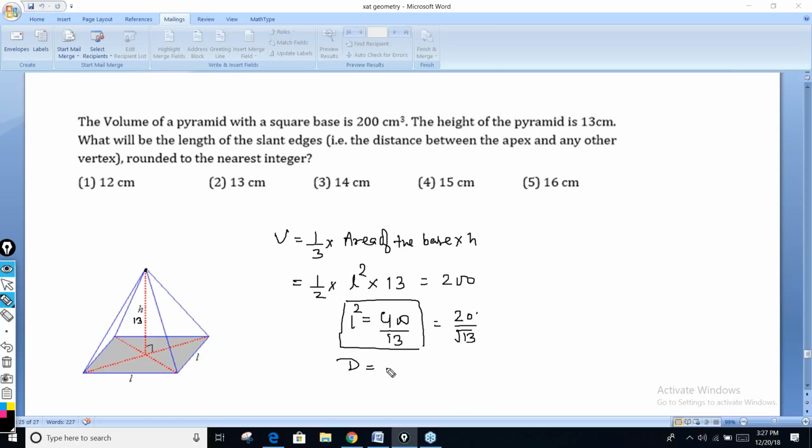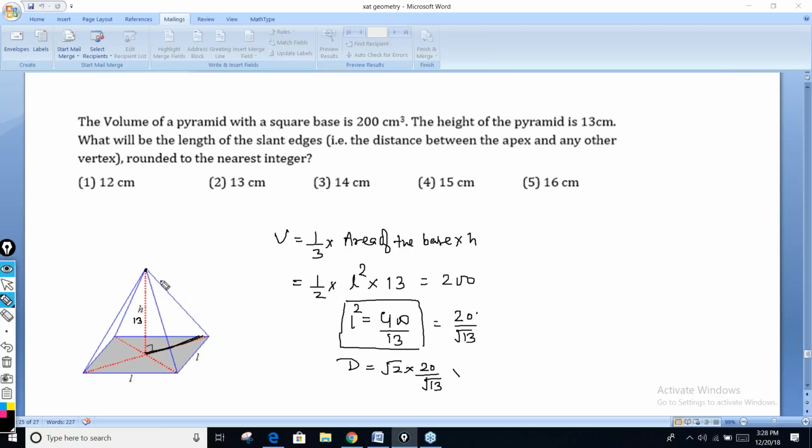So the diagonal will be root 2 times L. So diagonal will be root 2 of this, and that part will be half of this part.